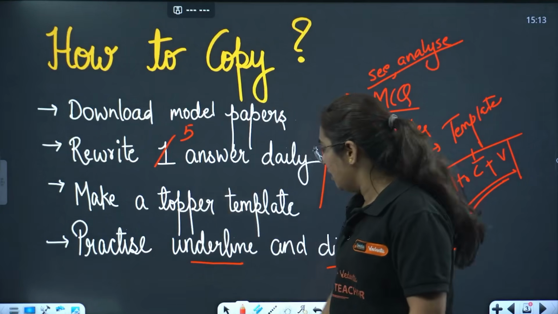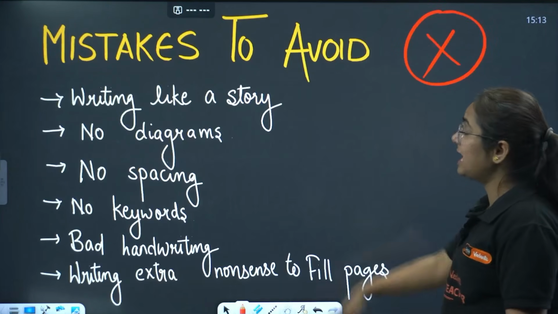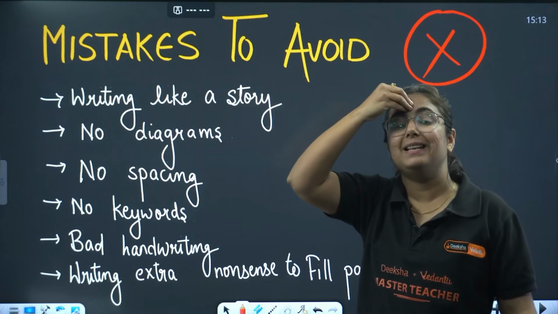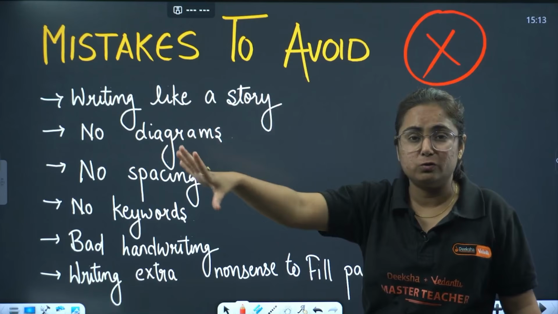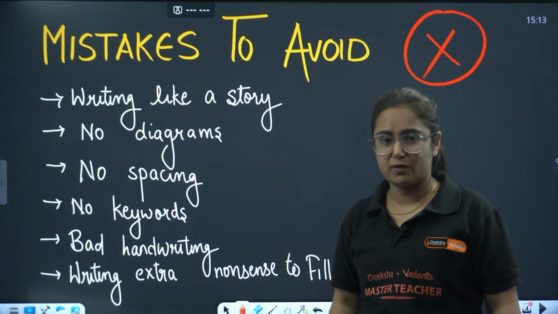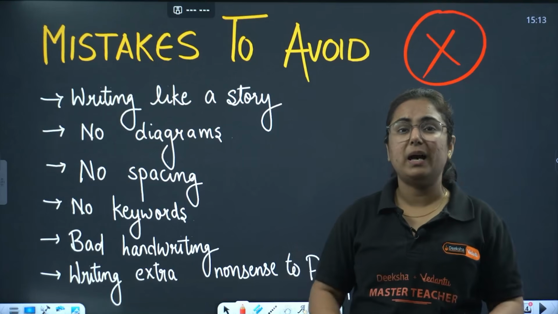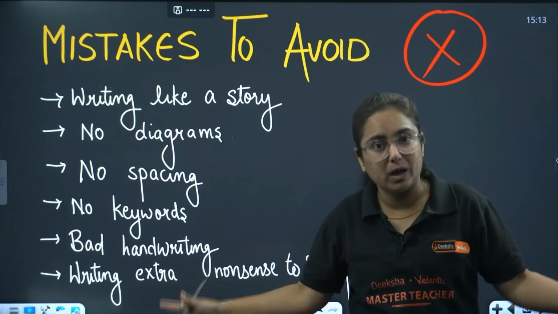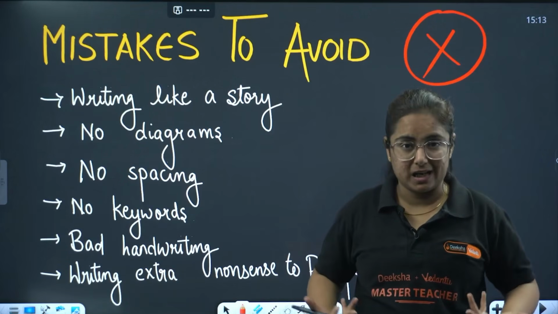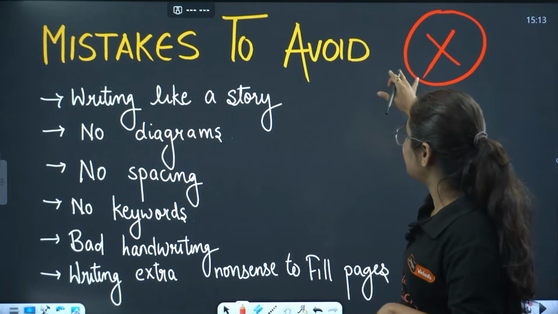Okay, now coming to the last discussion, that you need to avoid these mistakes, because many students do that. Many students say, ma'am, we are worried about science, we are worried about SST. By now there is no time to get worried. We just know how to implement things, right? Now what are the mistakes to avoid?